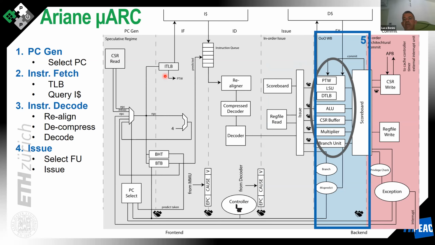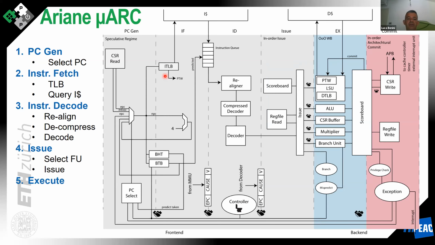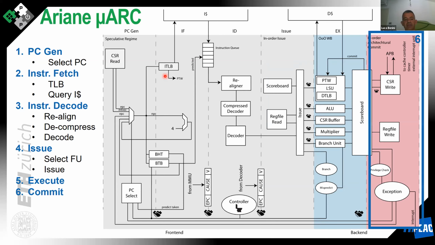Finally, we have the management of the instruction execution, which can be done out of order, thanks to the presence of the scoreboard that will manage the reordering of these instructions and the exceptions raised by these instructions. And this is done during the execution. And finally, we have the commit with the write back into the register file.